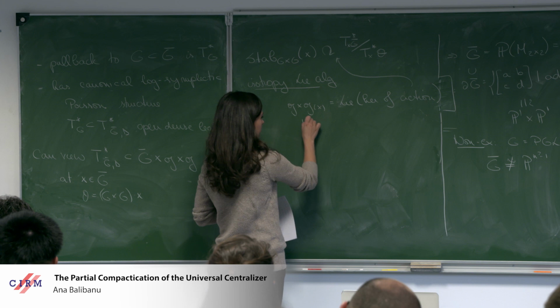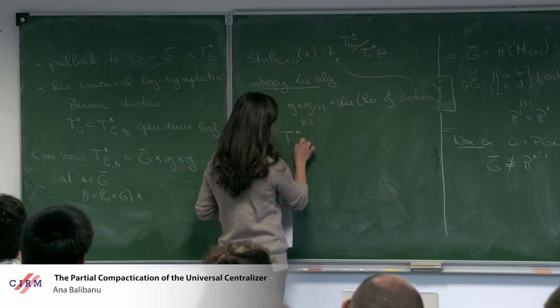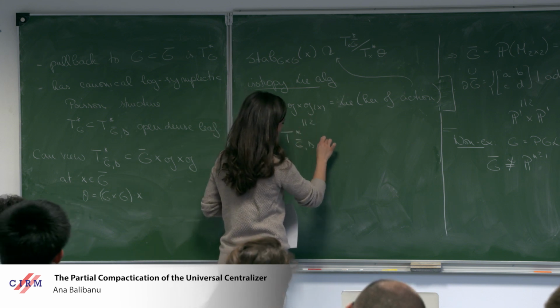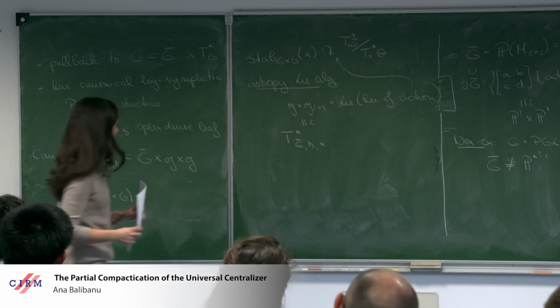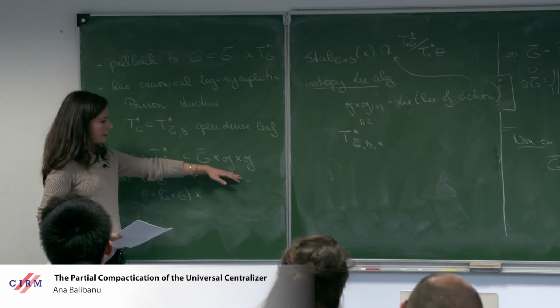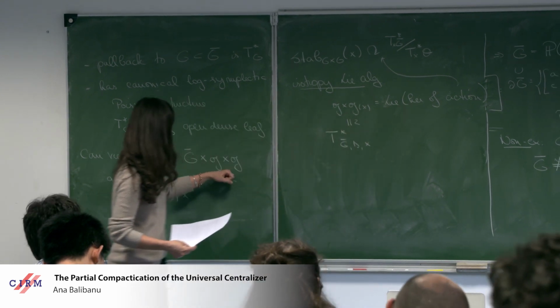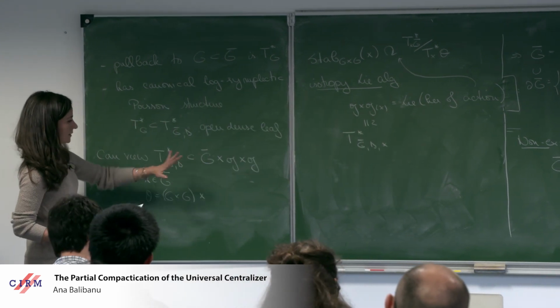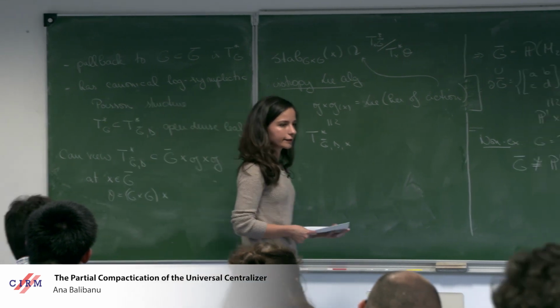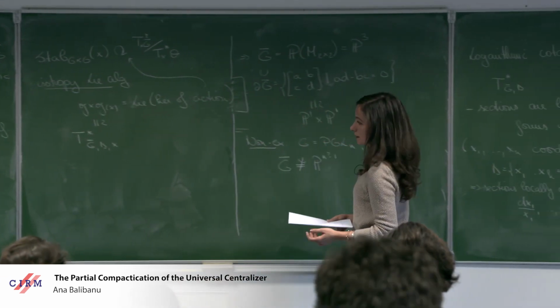And this is exactly the fiber of the logarithmic cotangent bundle at x. And it's a subalgebra of G cross G. And this is how we view this log cotangent bundle as a subbundle of this trivial bundle.